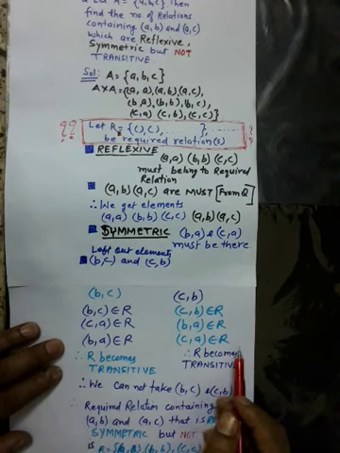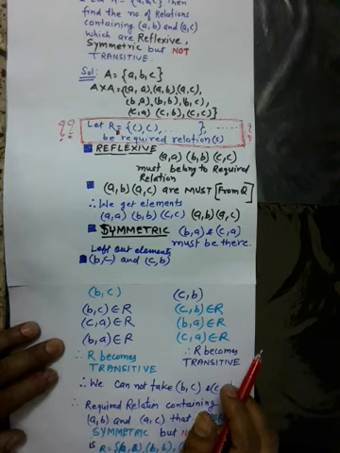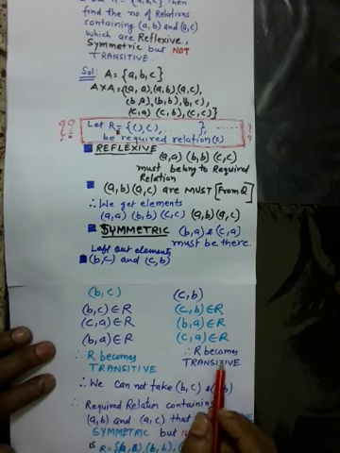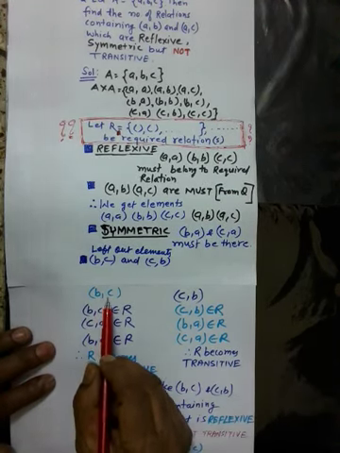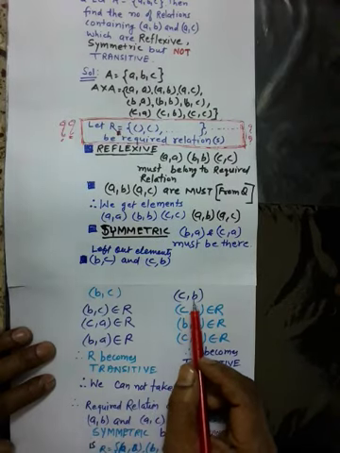Dear children, in the question it is given that it must not be transitive. So we cannot take (b, c), we cannot take (c, b).